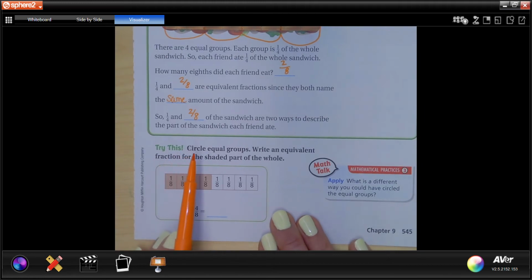Try this. Circle equal groups. Write an equivalent fraction for the shaded part of the whole. Okay, so we're going to circle equal groups.